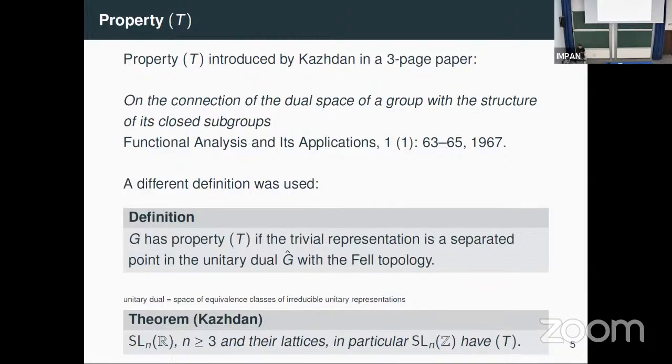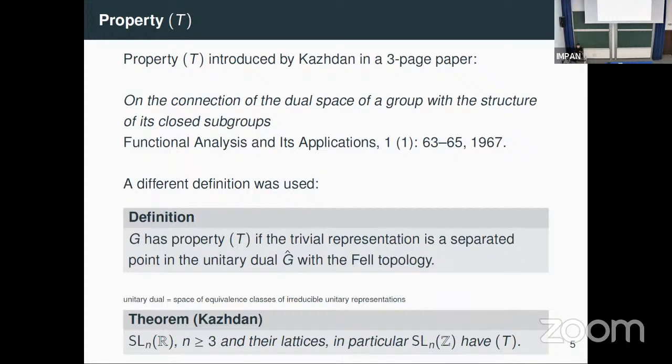Property T was introduced by Kazhdan in 1967, and originally he used a different definition, which is the following. He looked at the space which is called the unitary dual. This is the space of equivalence classes of irreducible unitary representations. There's a certain topology on it, which is called the Fell topology. The property is defined in terms of the trivial representation being an isolated point.